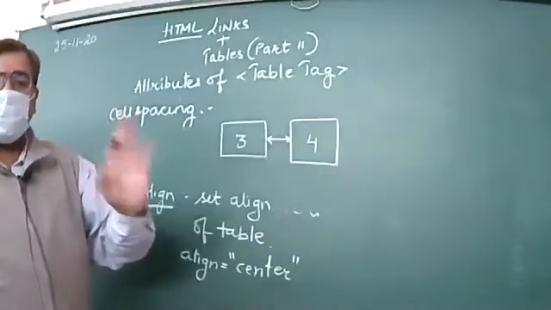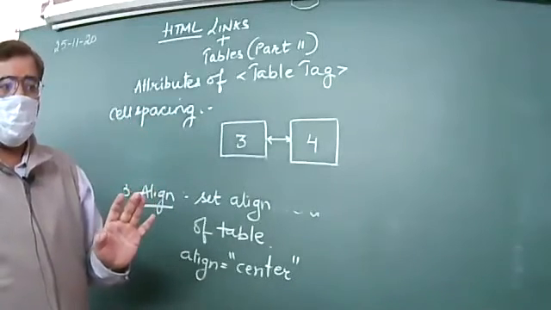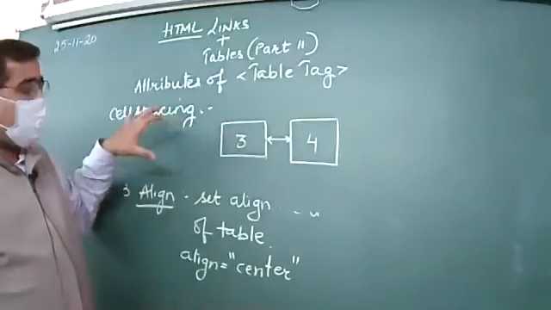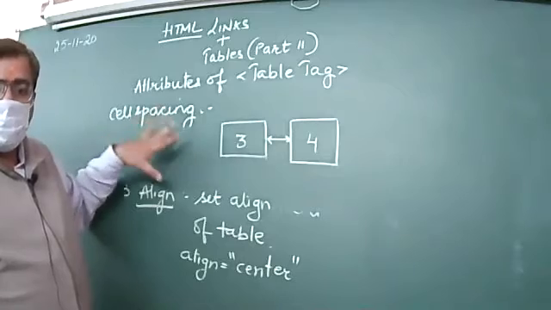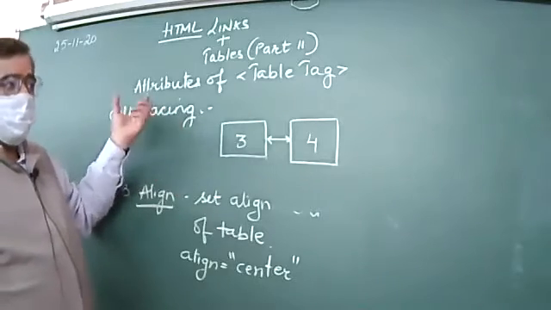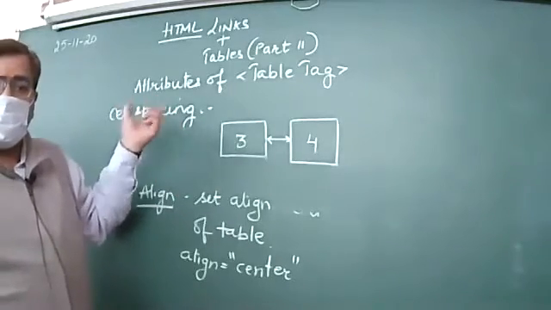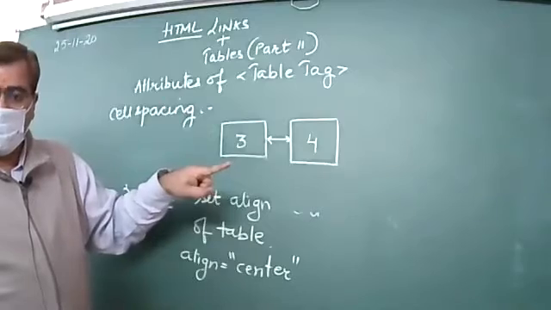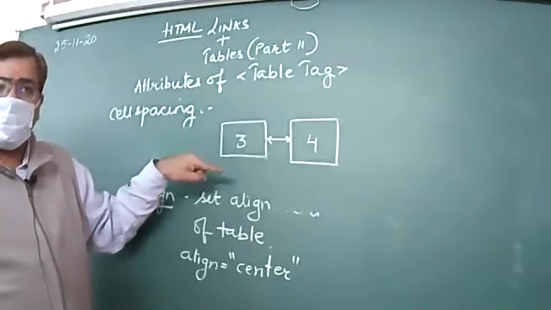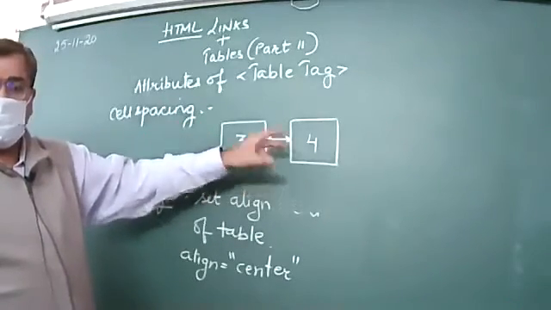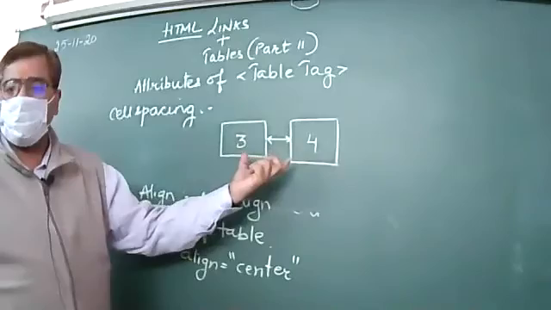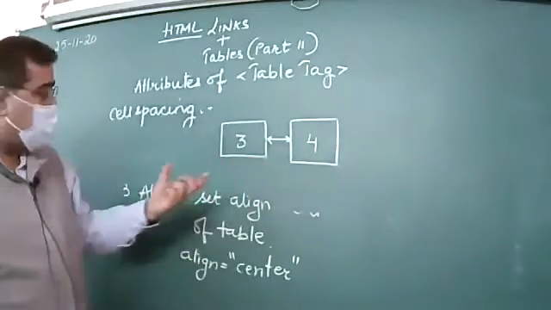This is not a proper definition, right? A proper, conceptually clear definition is: cell spacing is an attribute of table tag that specifies the space between two different cells, right?